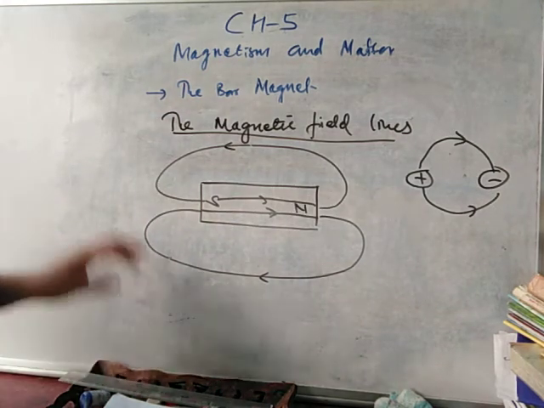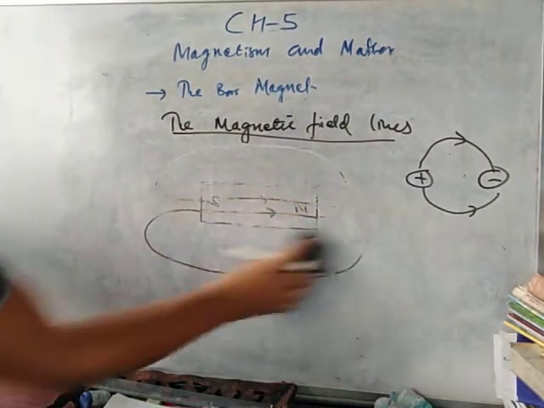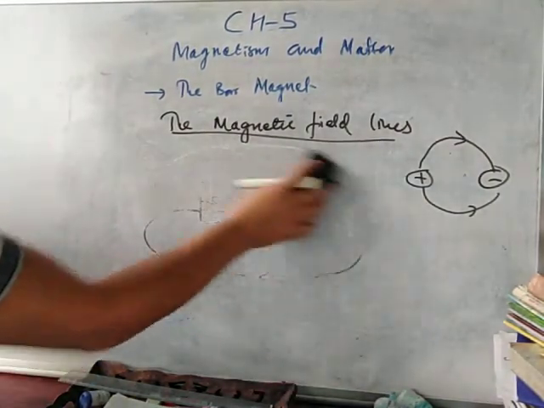Now let's see page number 157. Write down the properties of magnetic field lines.